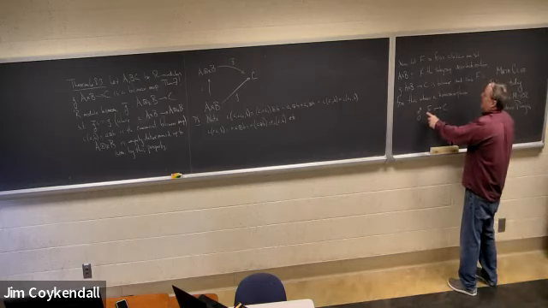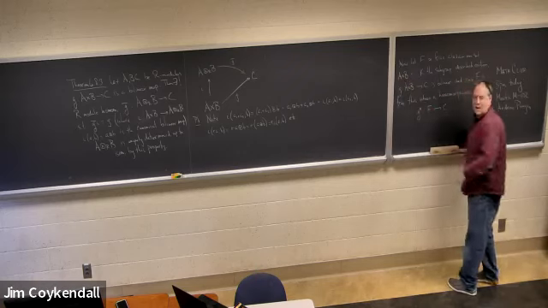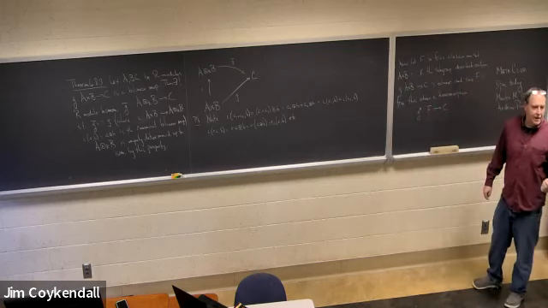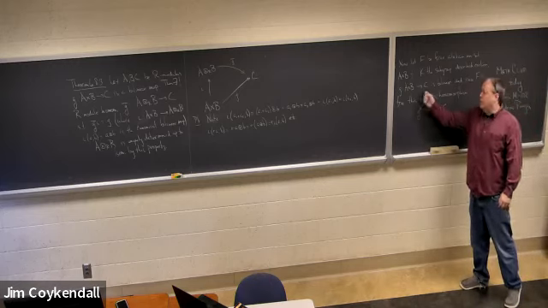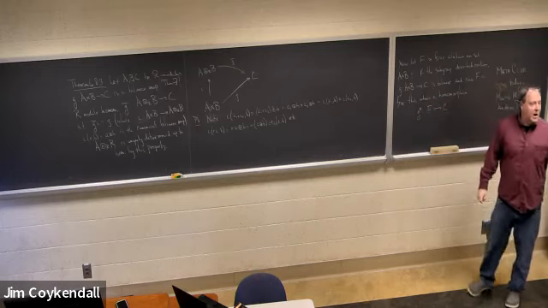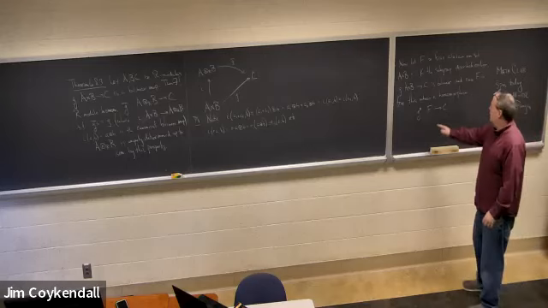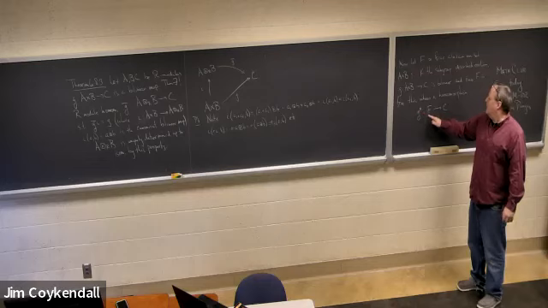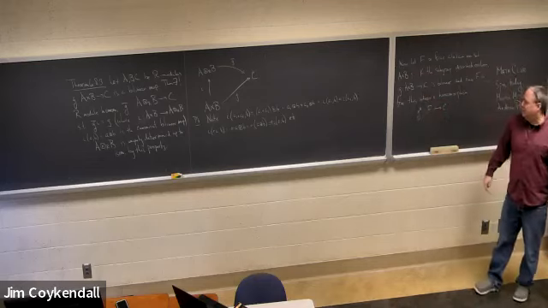Well, everything in F is a Z-linear combination of ordered pairs from A and B. All you have to do is tell those ordered pairs where to go in C, and that gives you a homomorphism. Because remember, for any free object, if you tell its generators, or its basis, where to go, that determines the homomorphism. And that's all we're doing here. It just sends the basis elements to where G does and expands linearly.